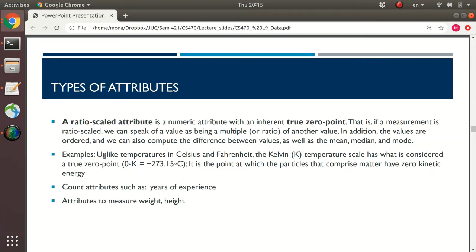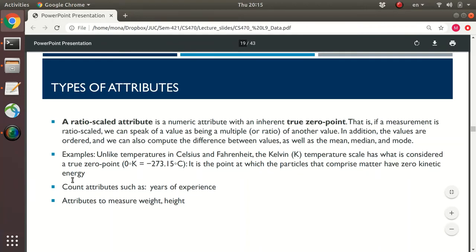For example, with regard to representing multiples and ratios, unlike what we mentioned about representing temperature in Celsius and Fahrenheit in the previous slide, the Kelvin temperature does have a true 0 point, and this occurs at a degree equal to minus 273.15 Celsius, the point where particles that comprise matter have zero kinetic energy.